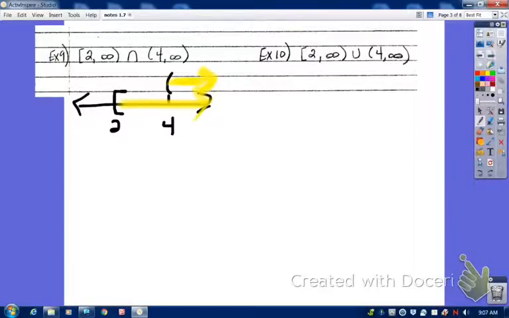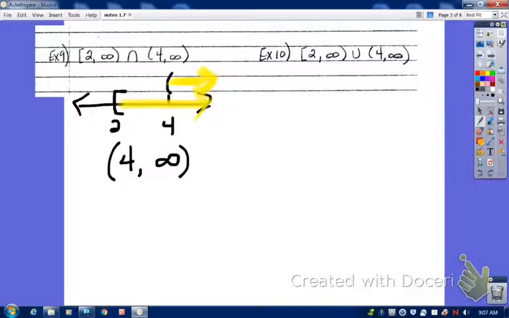And this is an intersection. So these two graphs have points in common from 4 all the way to infinity. Since the top graph doesn't include 4, that means both graphs don't have a 4. So you'll have to use a parentheses on the 4.